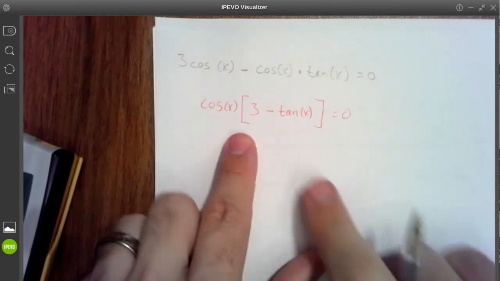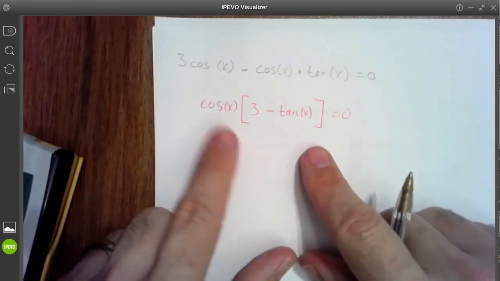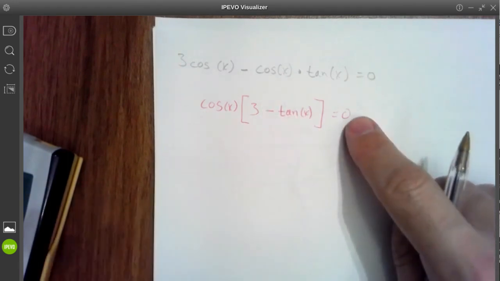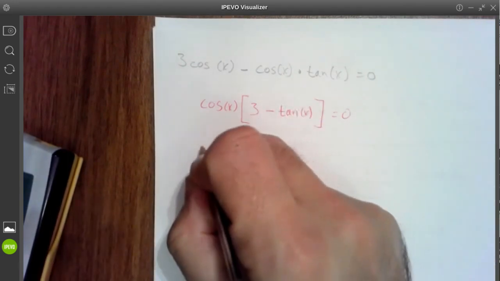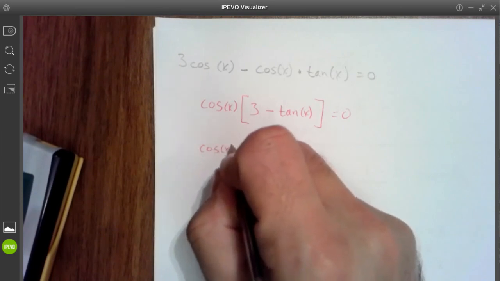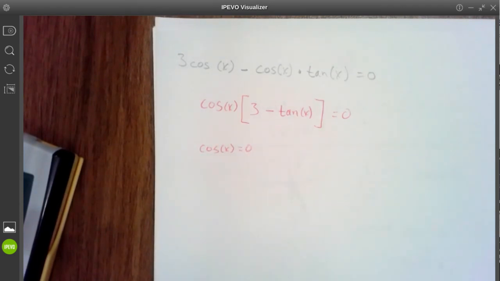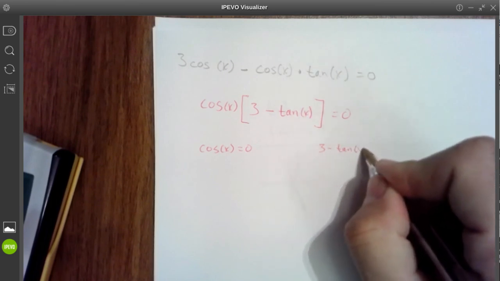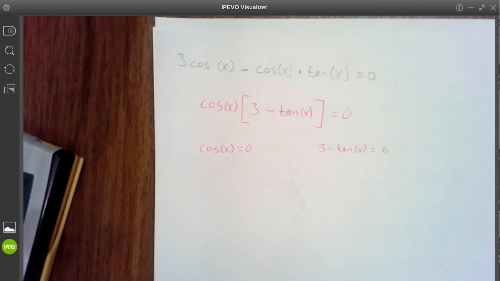Okay. All right, now that it's in factored form, I can set each of my factors equal to 0 and then solve for x. So they'll split up into two equations. Cosine x is equal to 0 and 3 minus tangent x is equal to 0.